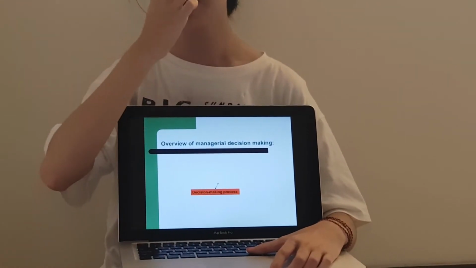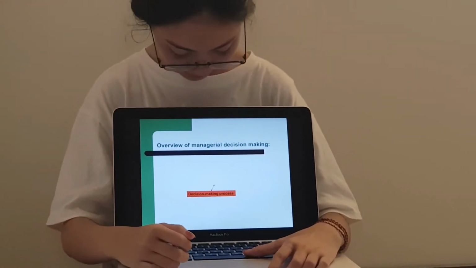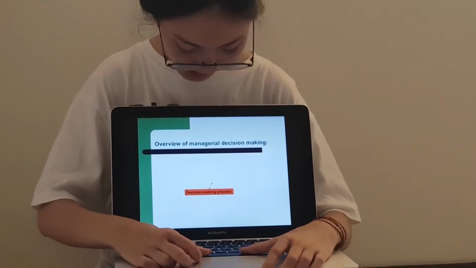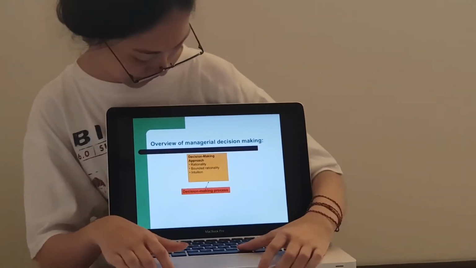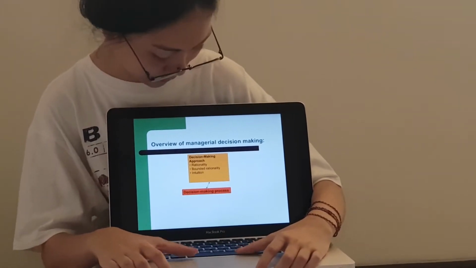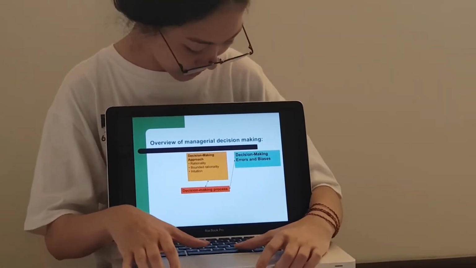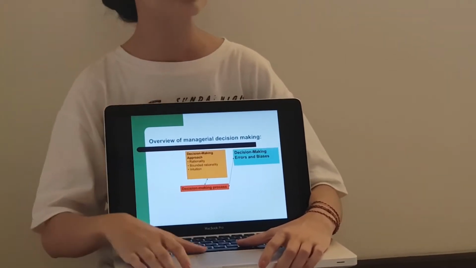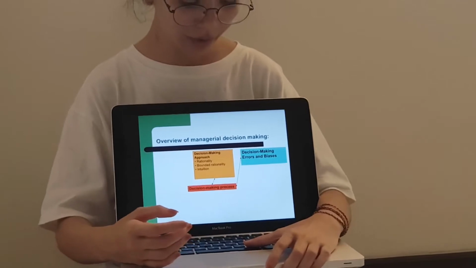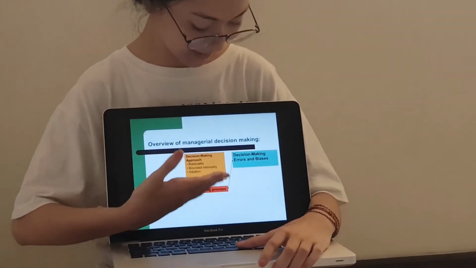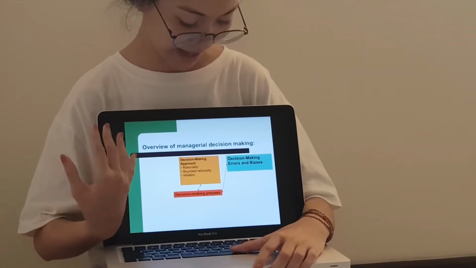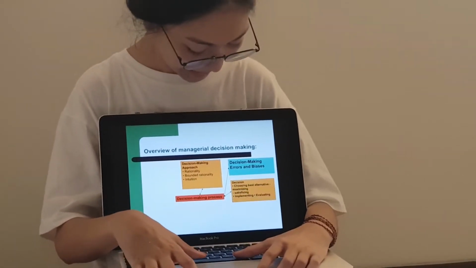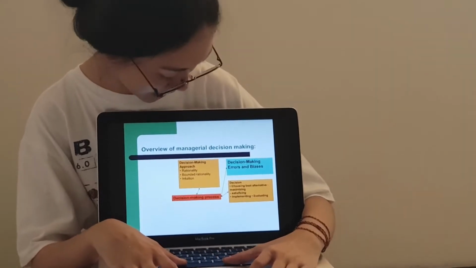And the next part is the overview of managerial decision making. The first step is the decision making approach. The next step is decision making errors and biases, and we must know what these are and then be aware of them. Next is the decision.